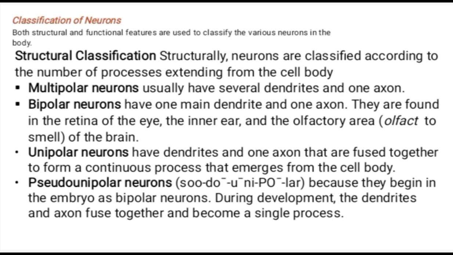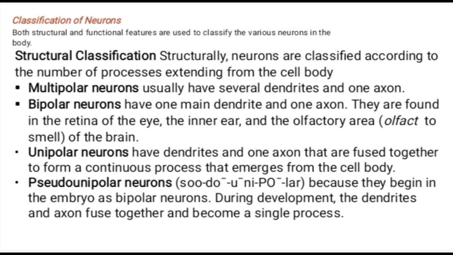Unipolar neurons have dendrites and an axon that are fused together to form a continuous process that emerges from the cell body. They are pseudounipolar because they begin in the embryo as bipolar neurons.